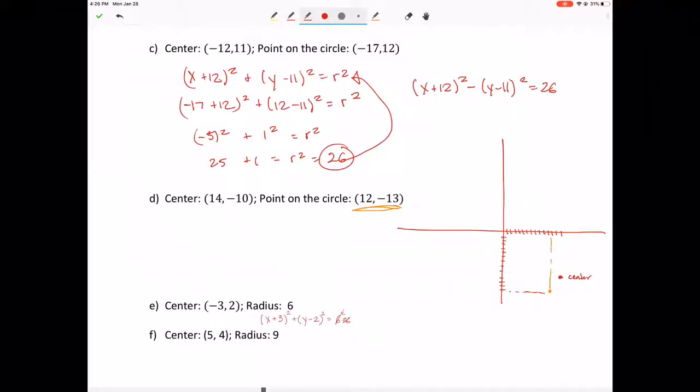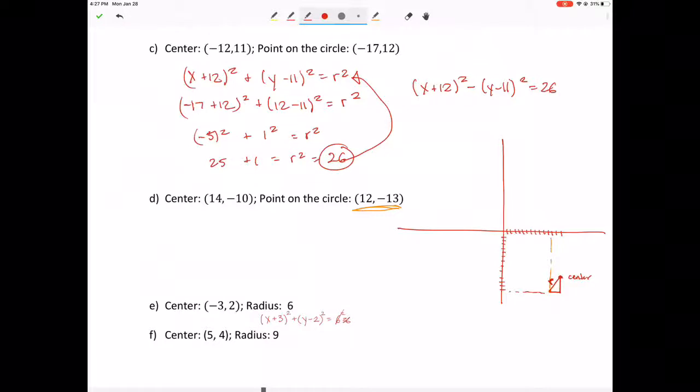So this is our point on our circle. And the thing is that the center to any point that's on the circle is always your radius. Okay? So when you think about that, you can take this and make that be a triangle.